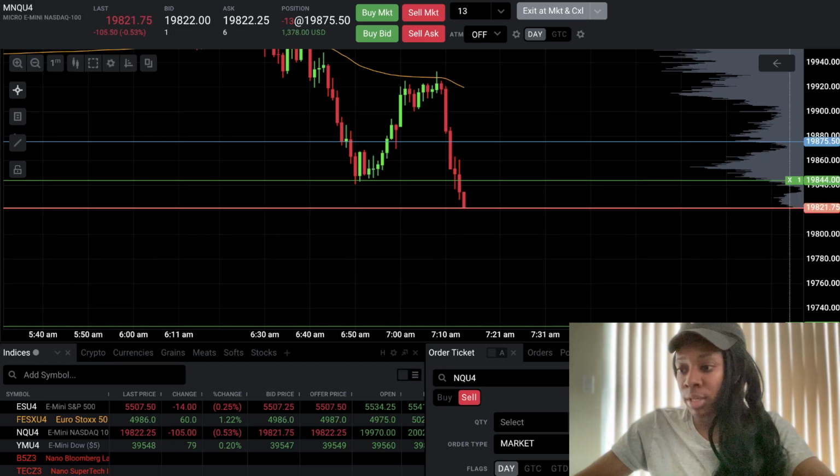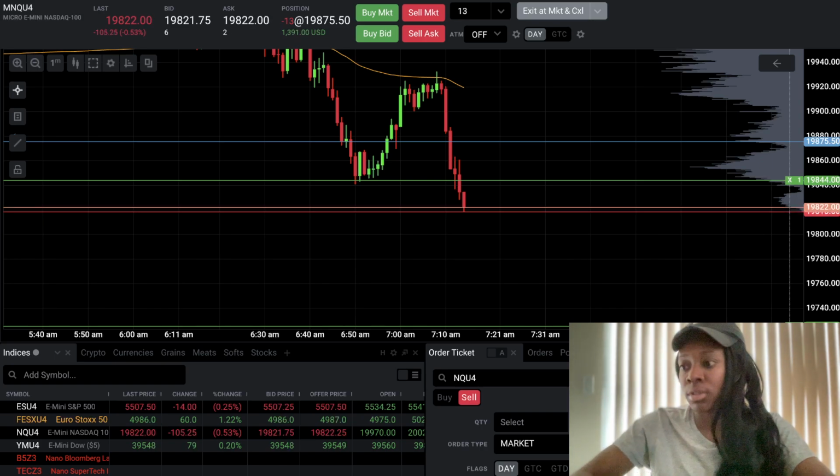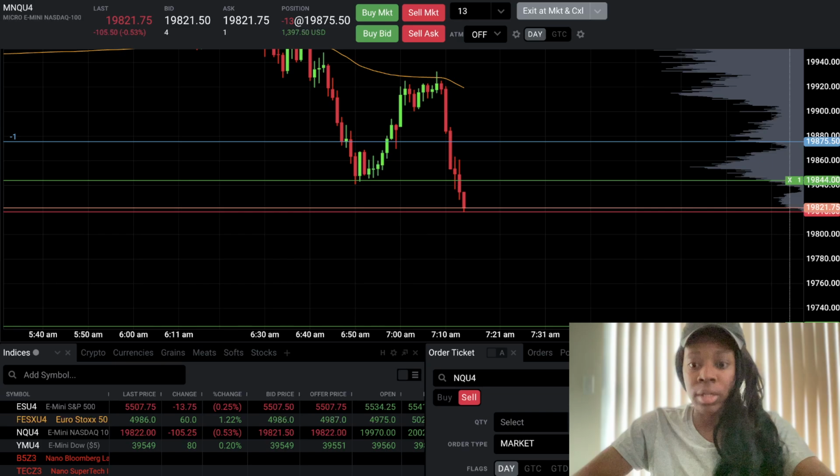I'm a really big fan of Fibonacci extension levels. So let me click back over here and run this level on the 3-minute time frame, because the first level is based off of the 1-minute.